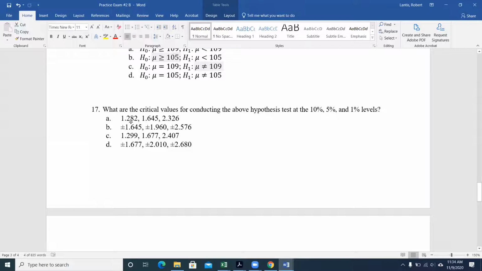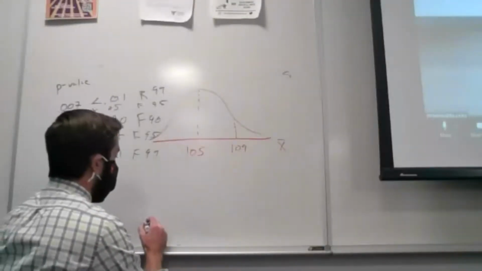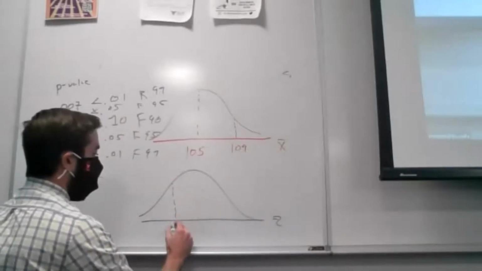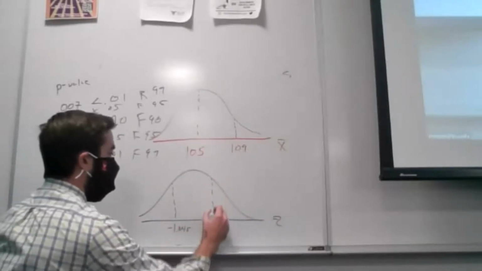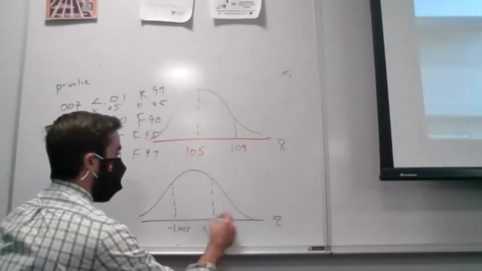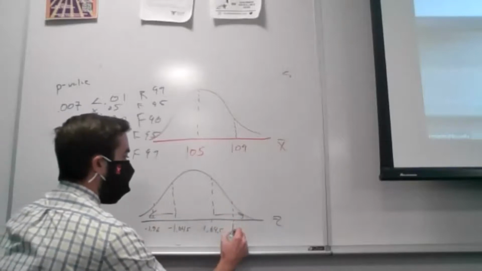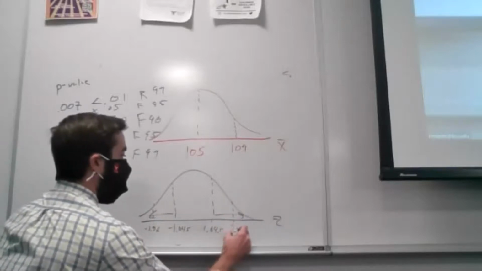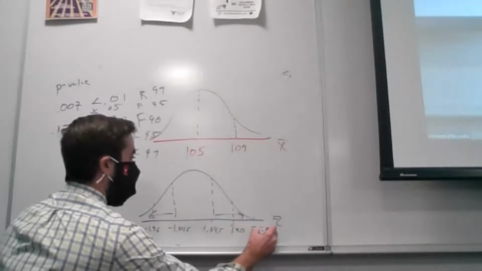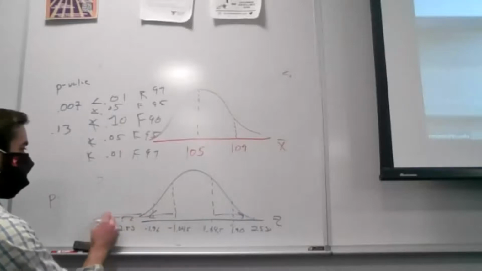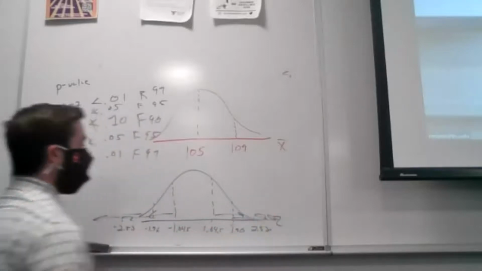If I want to do that instead, the three critical values are coming from the standard normal, or Z. So negative 1.645, positive 1.645. Next one was negative 1.96 and positive 1.96, 2.58, negative 2.58. Here's my rejection region. This is drawing the arrows on the tail.